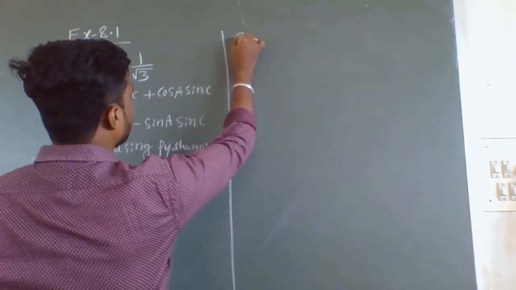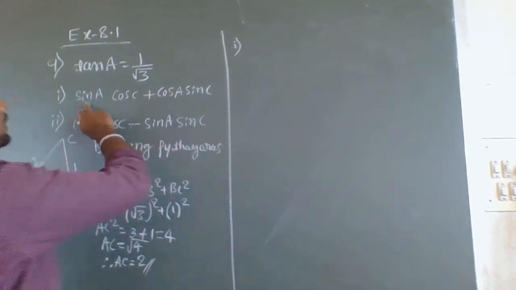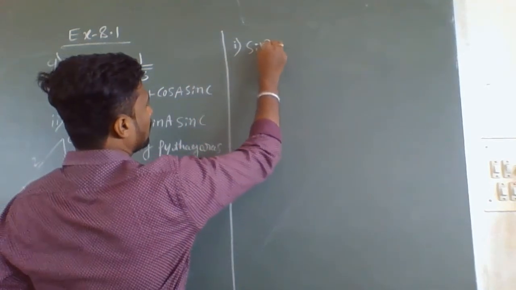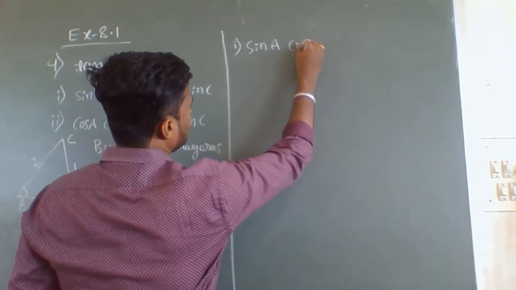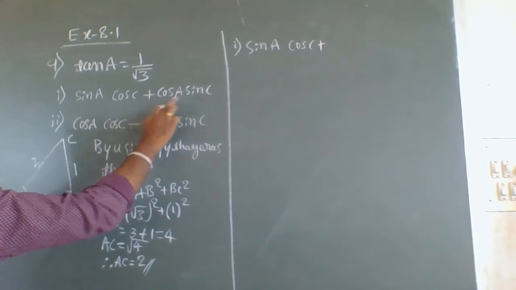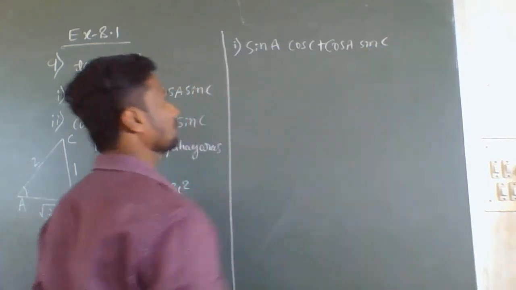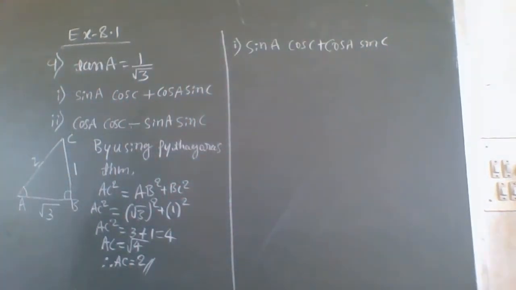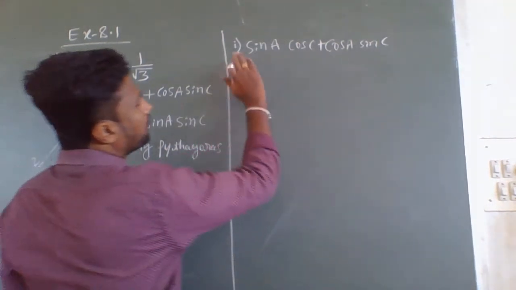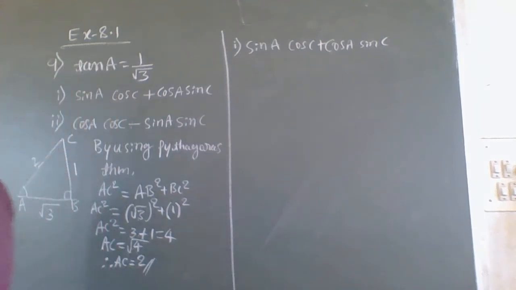The first one given is sin A cos C plus cos A sin C. The sin and cos ratios are given with respect to the two acute angles, angle A and angle C. So now we will write it directly.